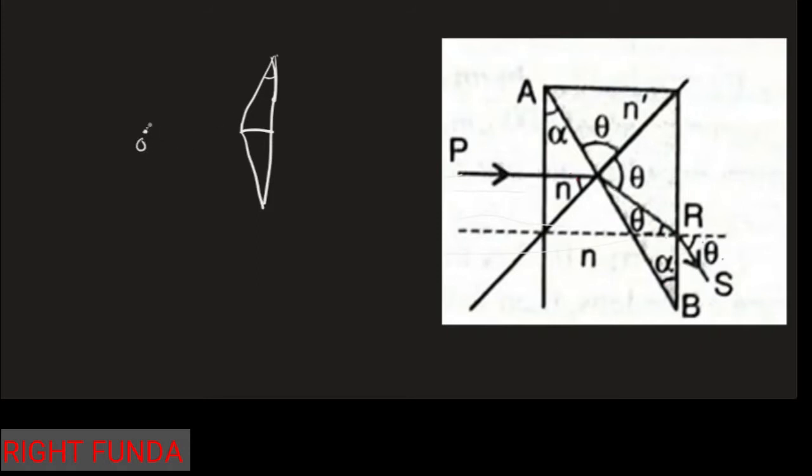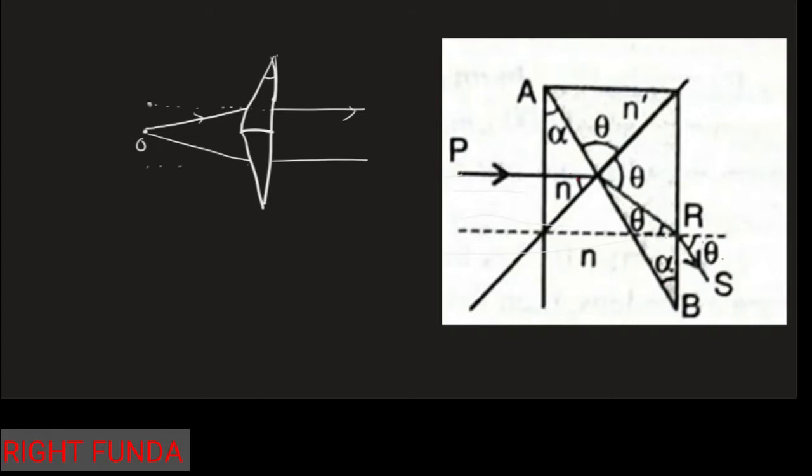I'll show two rays out of that. Suppose one ray comes like this, bends and goes like this. Similarly, another ray will come and bend like this. If I join these lines backward, then if some observer observes like this, it will seem as if the light is coming from this point.